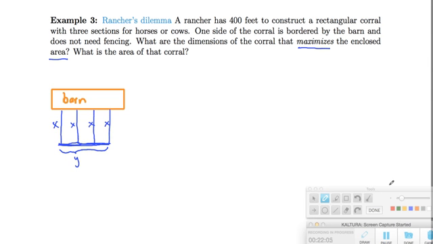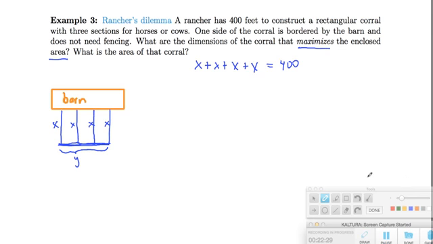The constraint is that we only have 400 feet. So if you look at the picture here, if we only have 400 feet of fencing, we need to add all the X's and the Y up, and the answer needs to be 400. So X plus X plus X plus X needs to be equal to 400.